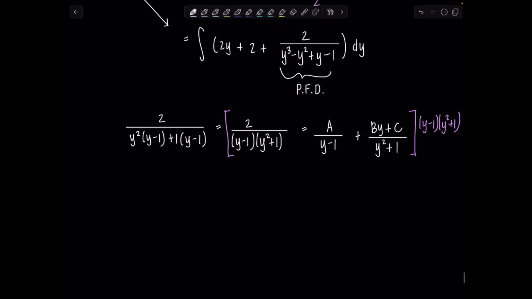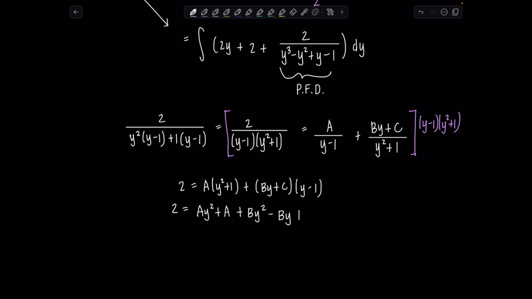And our goal is to solve for A, B, and C. So we're going to have 2 equals A times y squared plus 1 plus By plus C times y minus 1. So 2 equals Ay squared plus A plus By squared minus By plus Cy minus C.